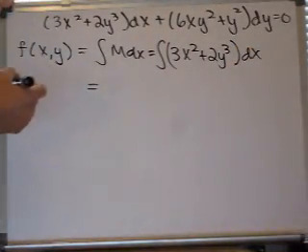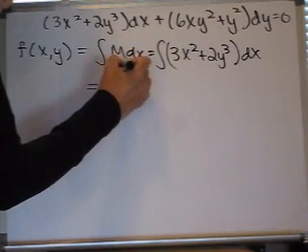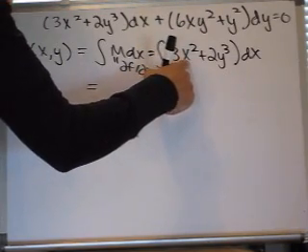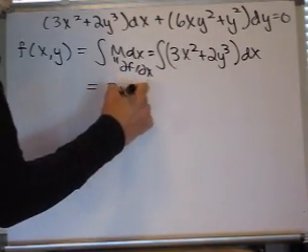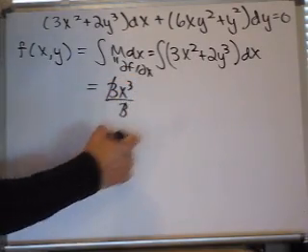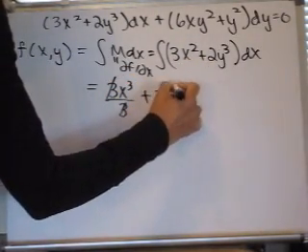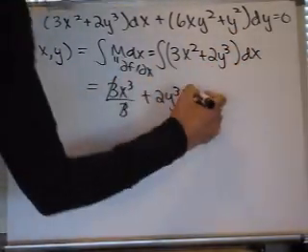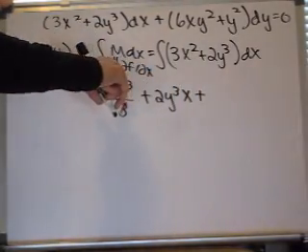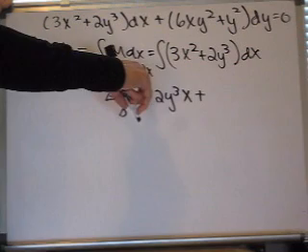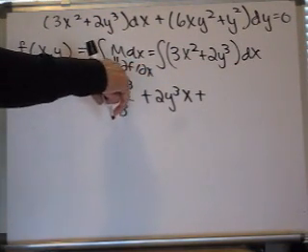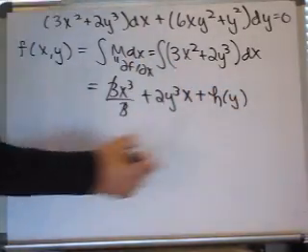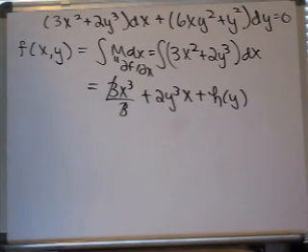Remember, M is the partial of f with respect to x, so that'll come in handy in a minute. The integral of 3x squared with respect to x is 3x cubed over 3, so the 3's cancel. For 2y cubed, that's a constant that comes out, so I'm left with the integral of dx, which is just x. Then I need to put my constant of integration, which, because I lose functions of y when I took the partial of f with respect to x, is going to be some function of y, h of y.